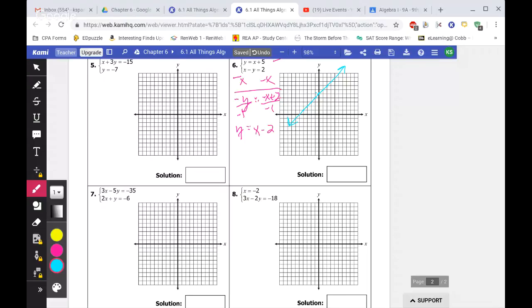And then my second line, my y-intercept is -2, and my slope is 1. So I would go up 1, left 1. No, sorry.